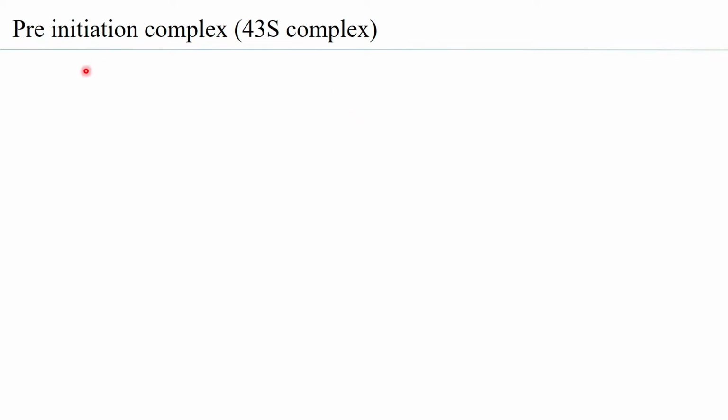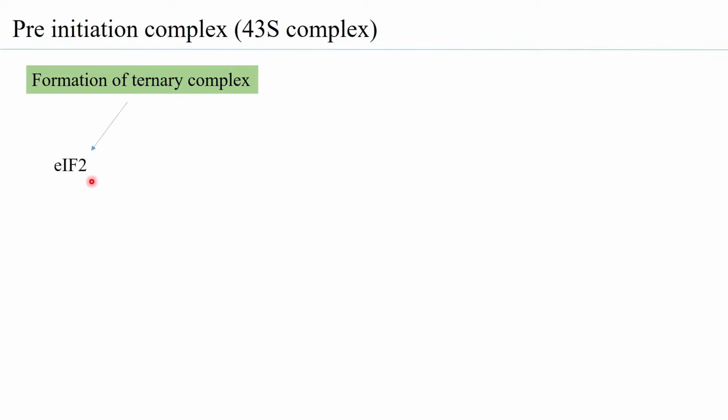Now, the formation of the 43S complex begins with the formation of what is called a ternary complex, which is the coming together of three components: one, the eukaryotic initiation factor 2, GTP, and the initiator tRNA, which of course is charged with methionine.